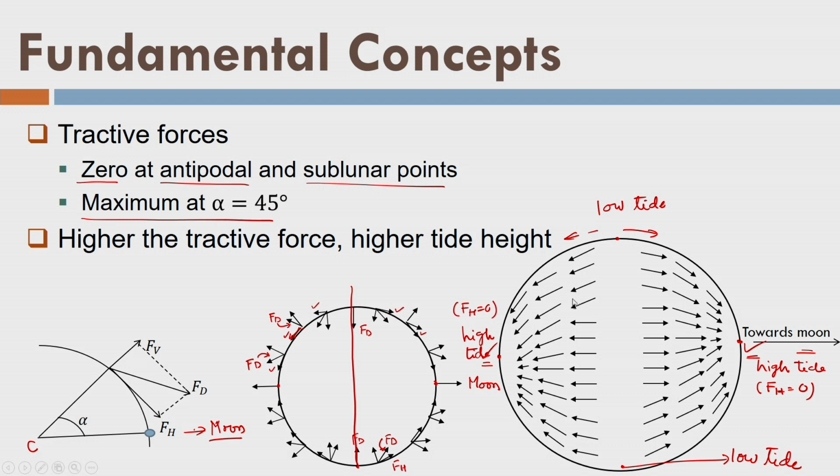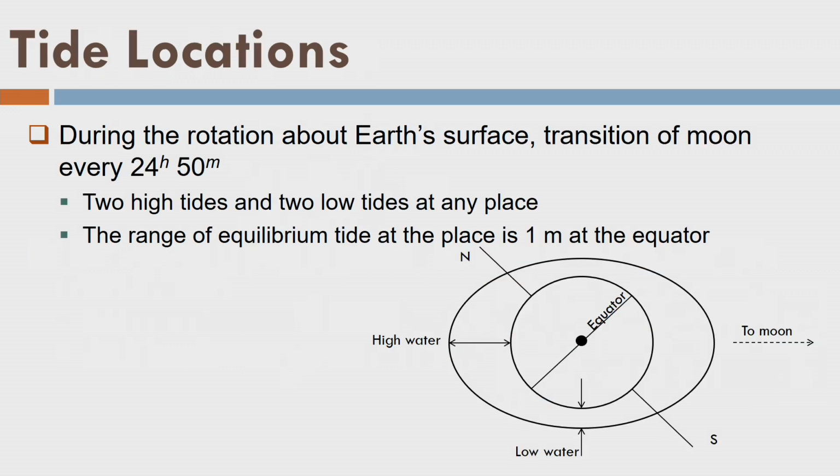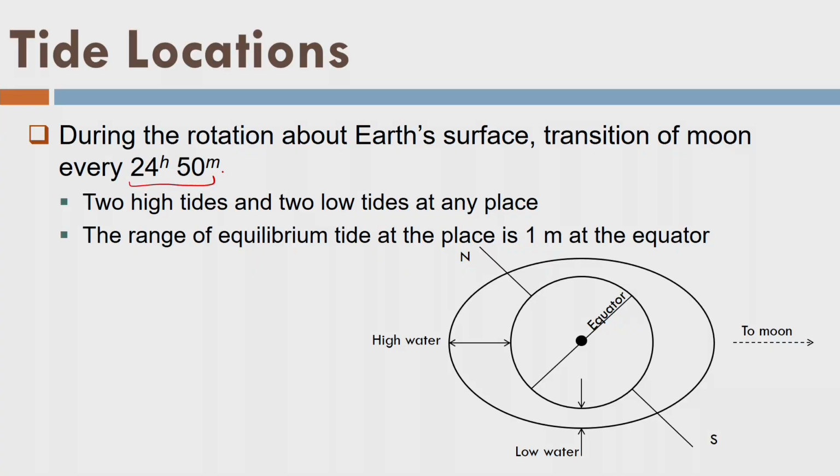So now you understand that there is a variation of the water surface of the sea because of the moon's attraction. Now we can see here that the moon rotates on its own axis in 24 hours and 50 minutes, which differs from the solar day by almost an hour.